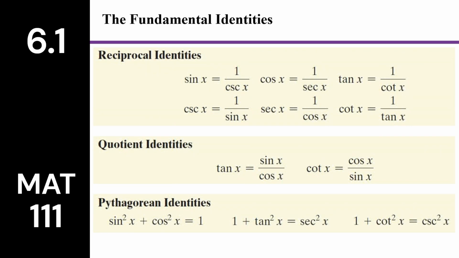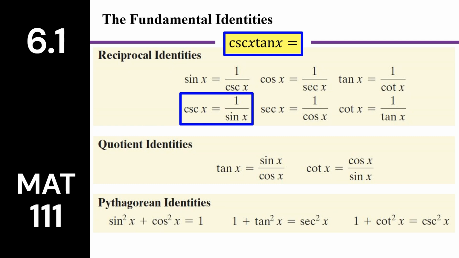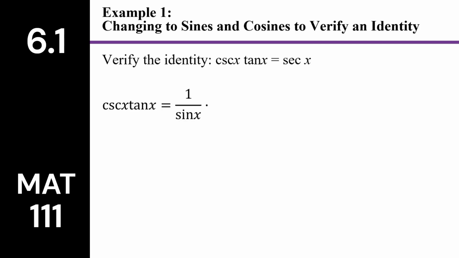Recall that we have these fundamental identities, and this is the left side of the identity that we're working with, and we're trying to change cosecant and tangent in terms of cosines and sines. The cosecant is 1 over sine, and the tangent is sine over cosine. So we can write this as 1 over sine times sine over cosine.